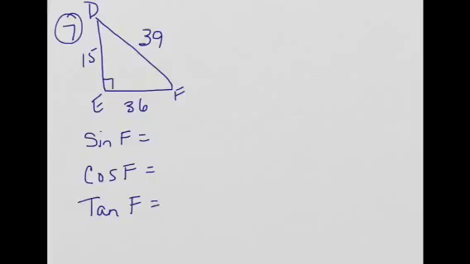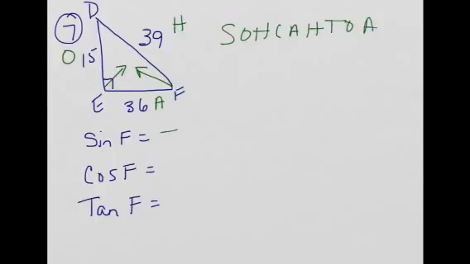Alright, so we have our second one, so we're going to go ahead and draw our arrow out to our hypotenuse. And now we're working with angle F, so our angle is going to come out of F, which is going to point to our opposite and going to point to our adjacent. Again, we're going to use SOH CAH TOA. So for sine, we're going to have opposite over hypotenuse, which is going to be 15 over 39.